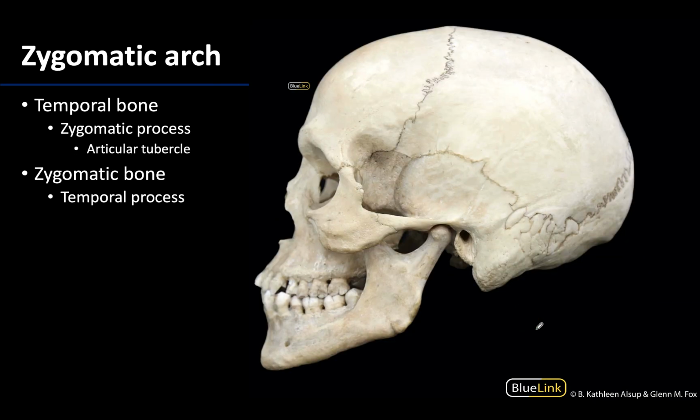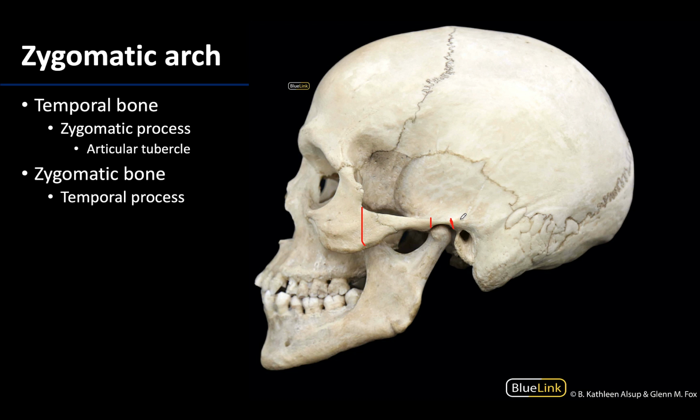All right, let's focus on the zygomatic arch now. The zygomatic arch is going to extend from here-ish to about here-ish. Sometimes you see it referred to as here, sometimes it'll extend all the way back to this region. We don't need to get into that level of detail. We just need to understand the basics of where the zygomatic arch would be located.